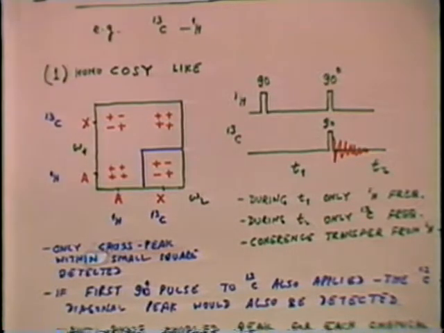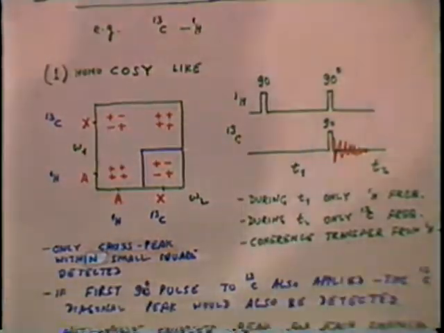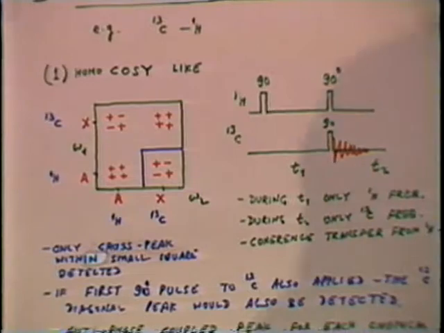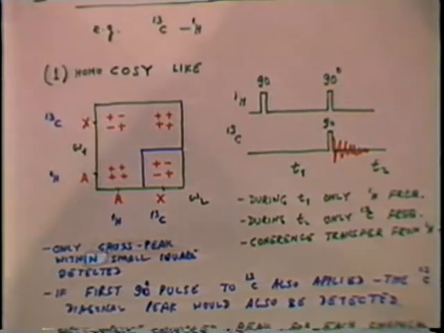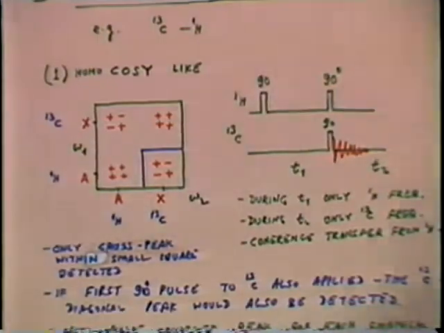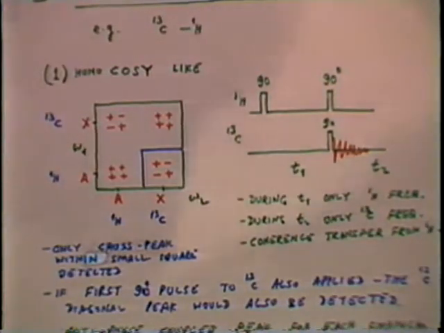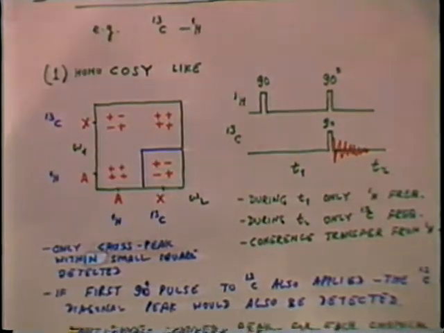Suppose you have 2 homoprotons, 1 and 2, and you ran a normal cozy. We really had not distinguished in the homocozy experiment whether these are hetero or homo spins, so long as we applied the pulses on both of them. Now, if you could somehow apply pulses separately on those two coupled protons, then we would have a heterocozy.